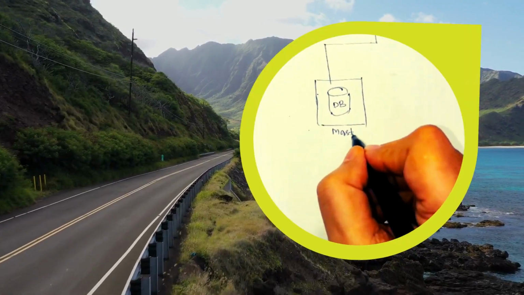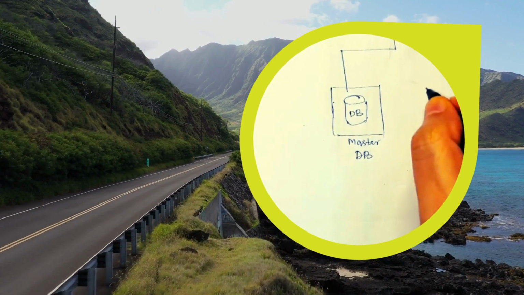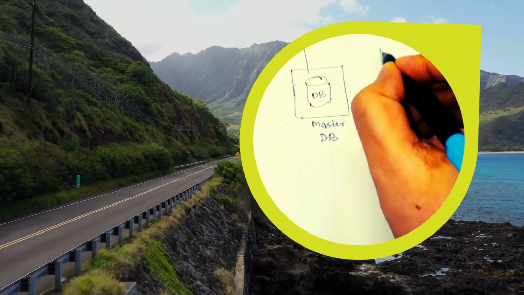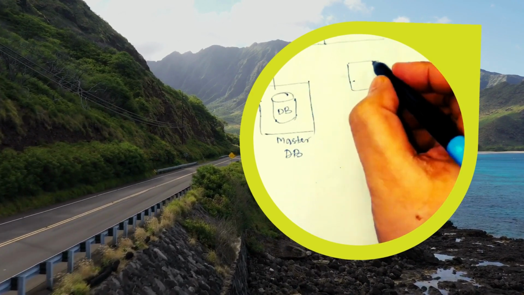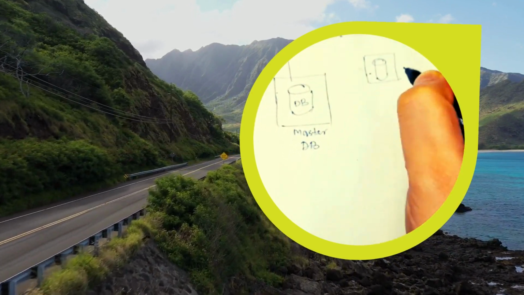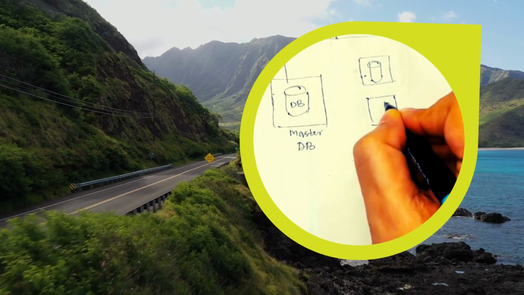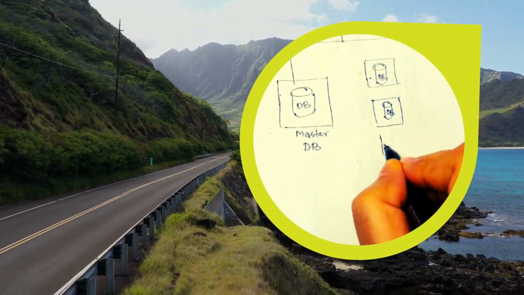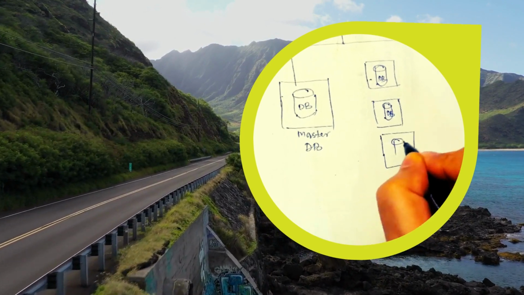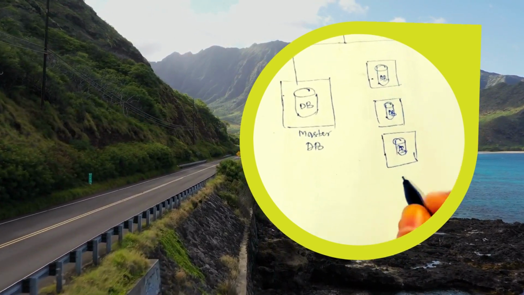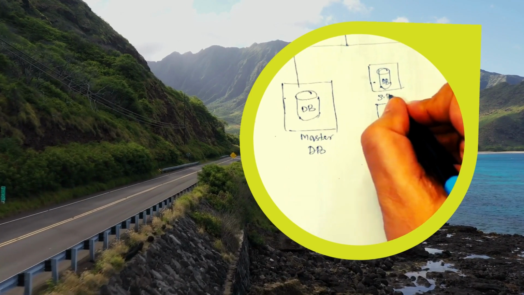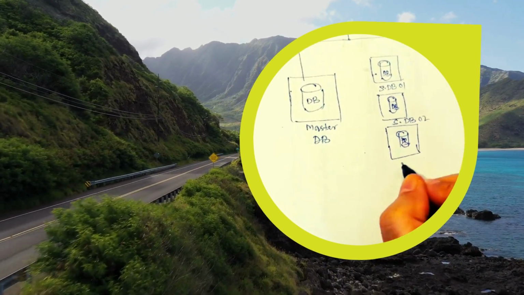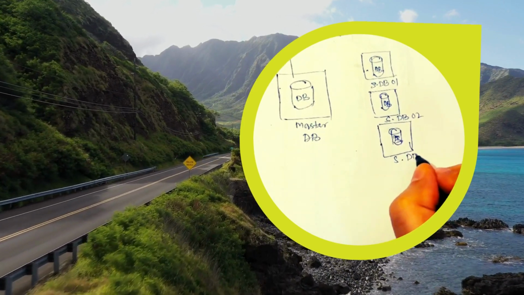Then let's go to multiple slave DBs: slave DB 1, slave DB 2, slave DB 3. By the way, these are all called slave DBs.